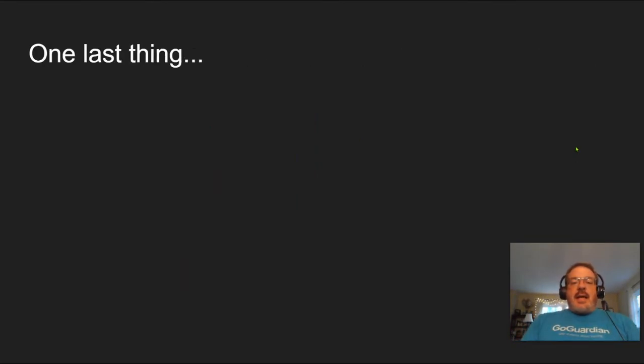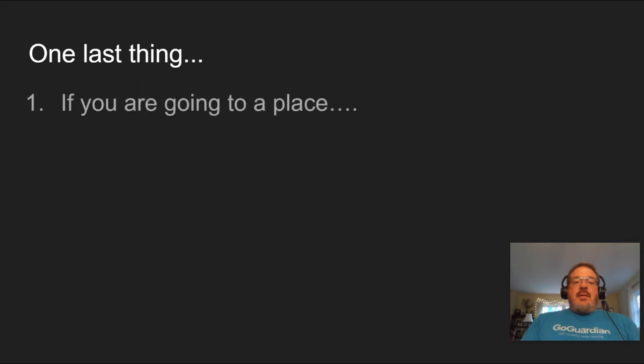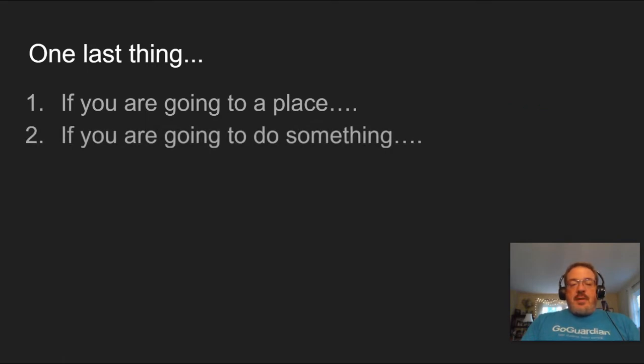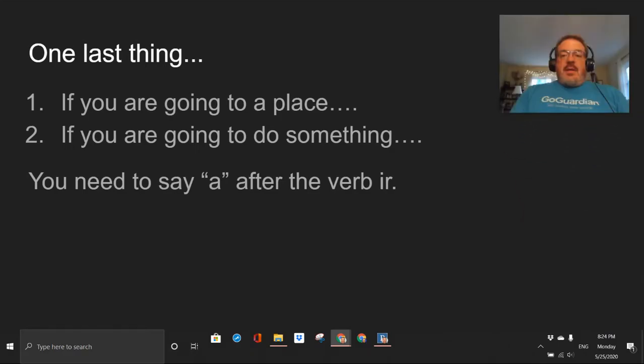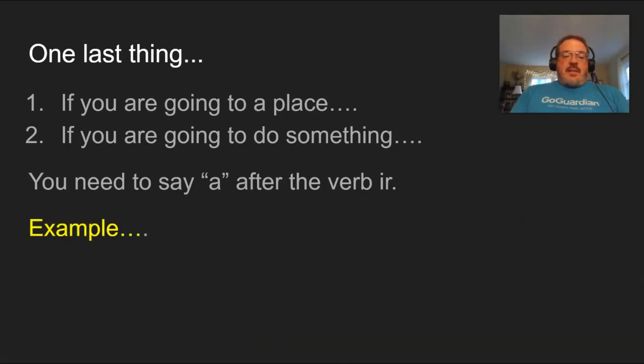All right, now there's one last thing that you need to know about the verb ir. Every time you use ir, you need something. So if you're going to a place or if you're going to do something, you need to say a after the verb ir. And what I'm talking about is this. I'm going to the store. Yo voy a la tienda.